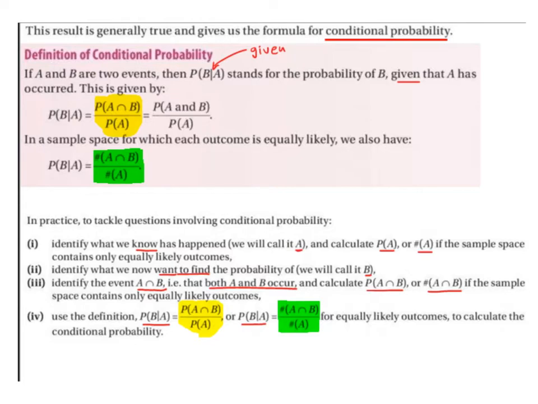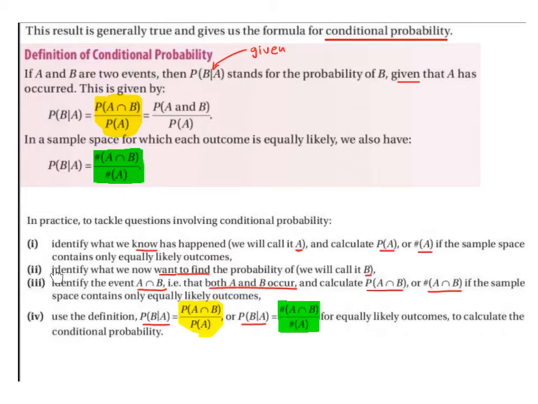In practice, to tackle questions involving conditional probability, these are the steps. Step 1, identify what we know has happened, we will call it A. Calculate the probability of A, or the number of elements in A, if the sample space contains only equally likely outcomes.